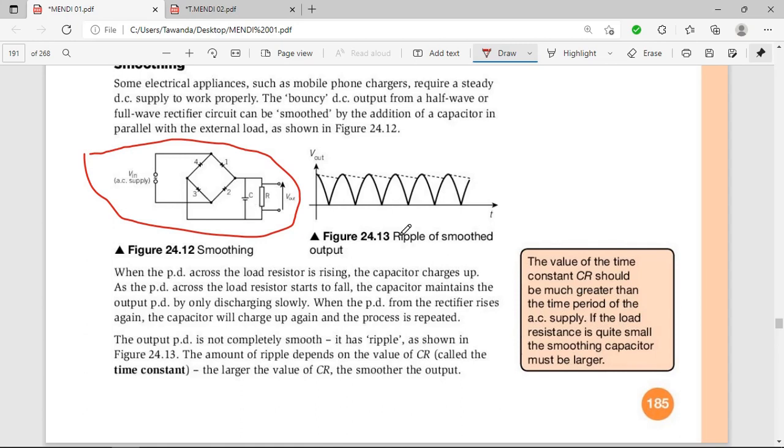So meaning to say our capacitor is going to make some smoothing.